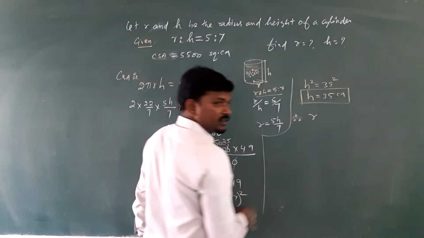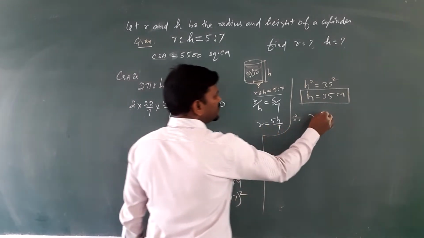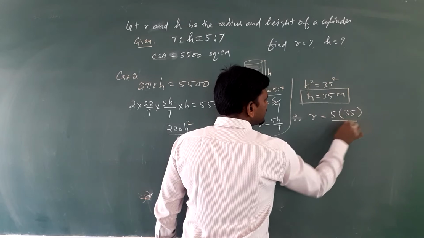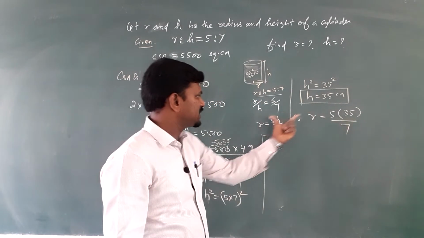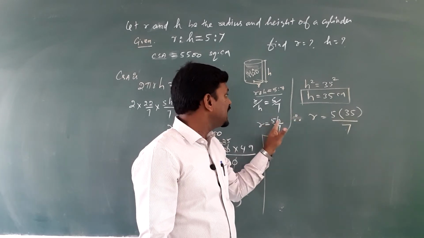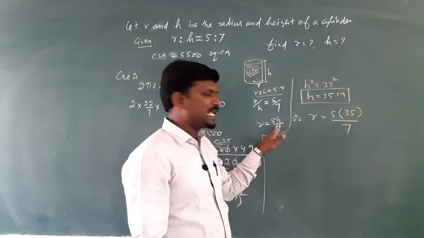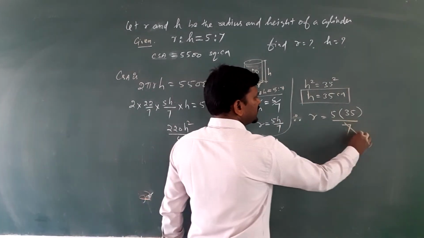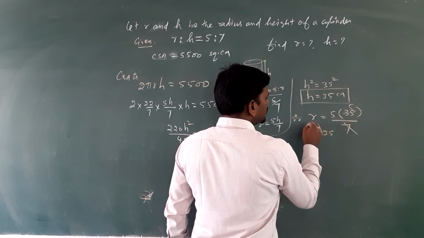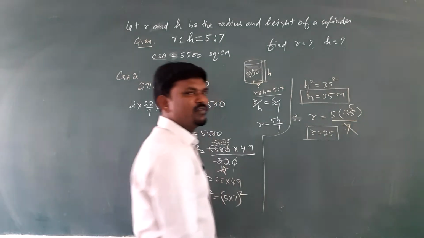Then R is equal to 5 into H by 7. We just substitute the value of H in this equation. 5 into 35 by 7, R is equal to 25. What do we have to find?